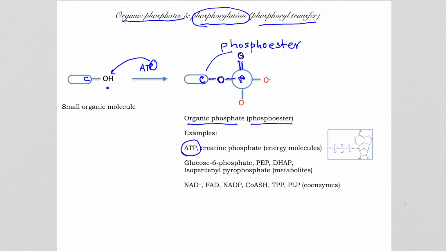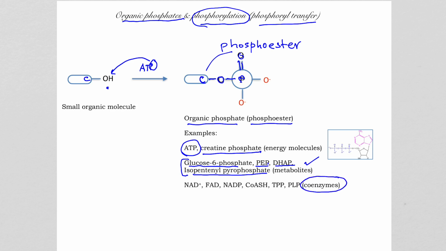Examples, of course, are a lot of energy molecules, ATP and creatine phosphate, and many metabolic intermediates that we will come across in metabolism, such as glucose 6-phosphate, pyruvate phosphate, dihydroxyacetone phosphate, isopentenyl pyrophosphate, and many other examples. Then there are several coenzymes.